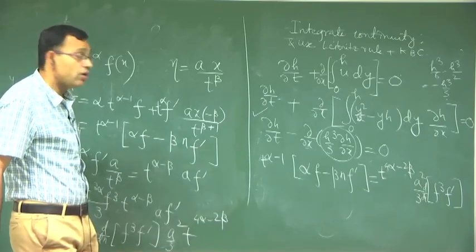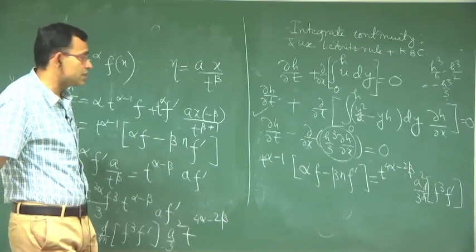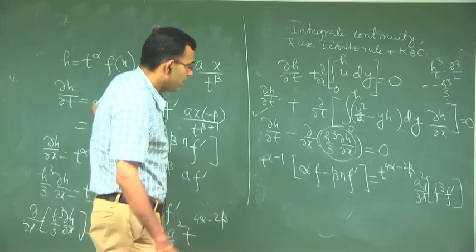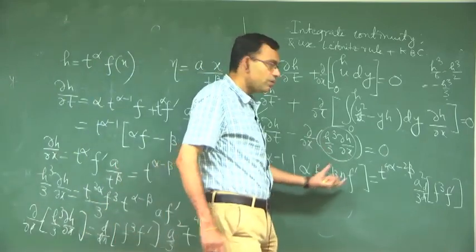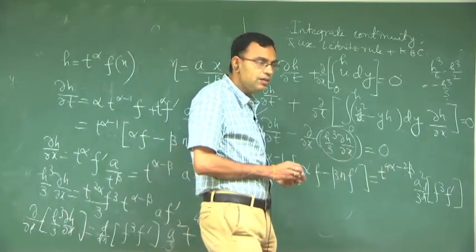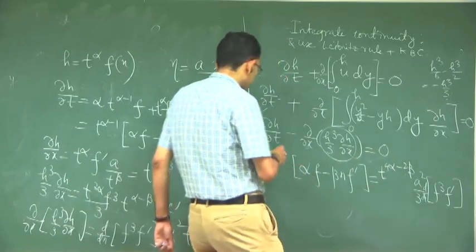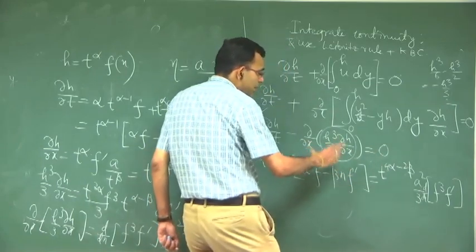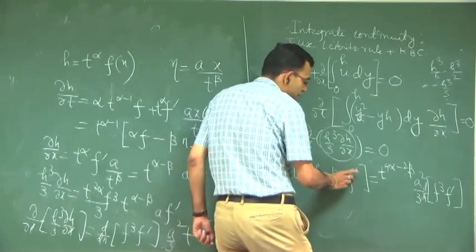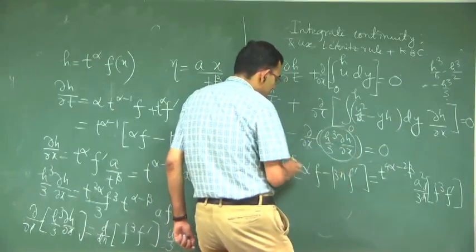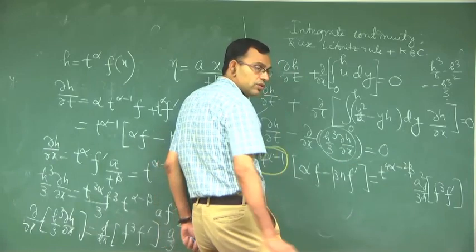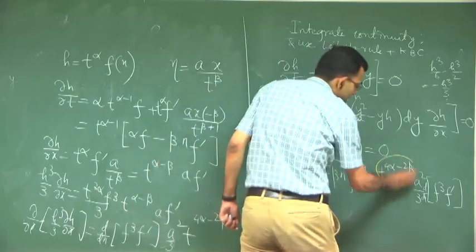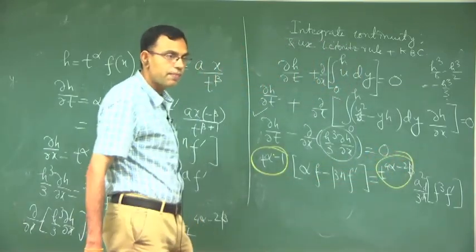Okay. Now the most important mathematical step, to convert this equation to ODE, you must have only the dependent variable as f as a function of eta, there should not be any presence of t.